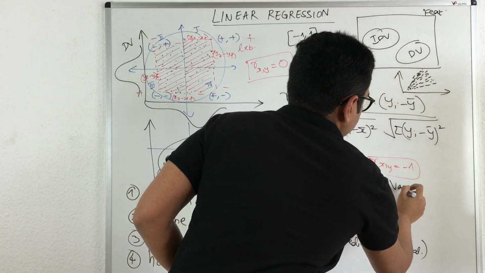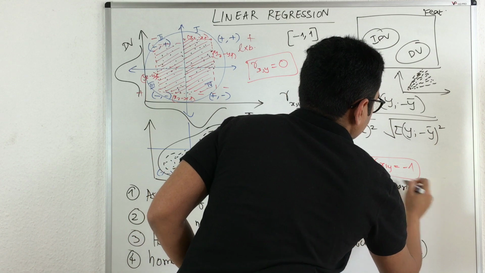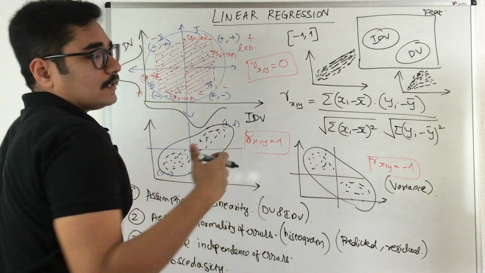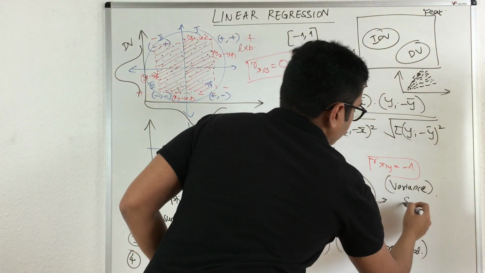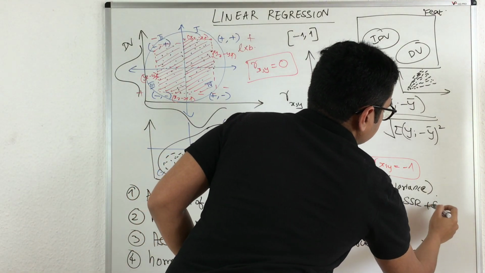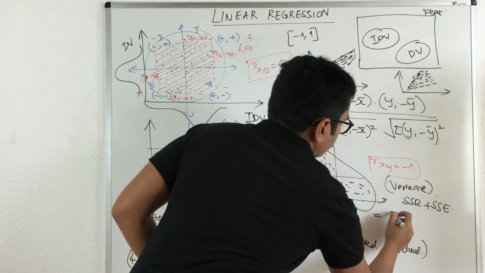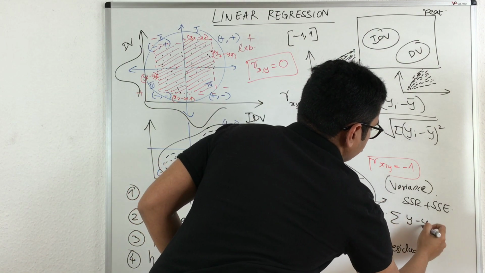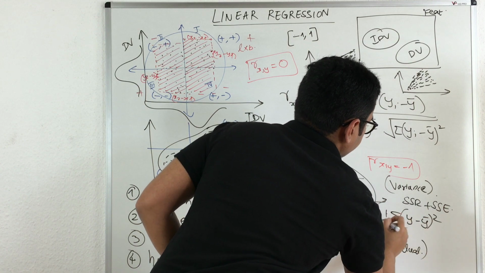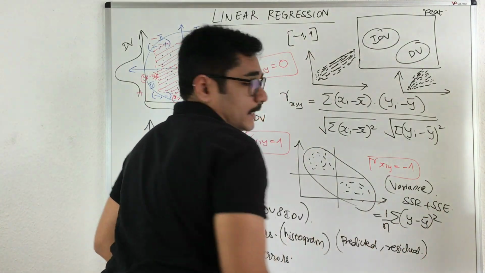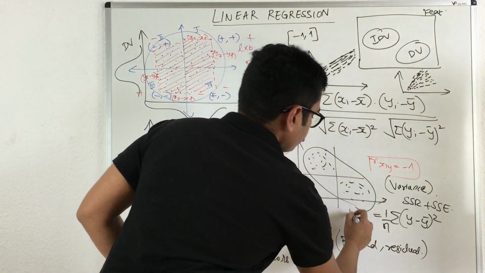Now variance is nothing but what we saw, our total error, that is SSR plus SSE, which is also given by y minus y bar squared, times 1 upon n. This brings you to another algorithm that we have seen, that is gradient descent.